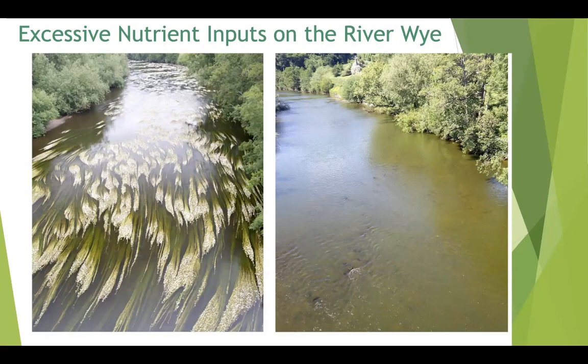And on the right, exactly the same area, and there's nothing there but this horrible green algae water. The causative agent here was free-range chickens being kept openly in the Upper Wye.